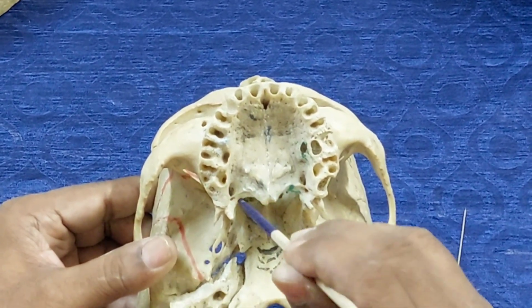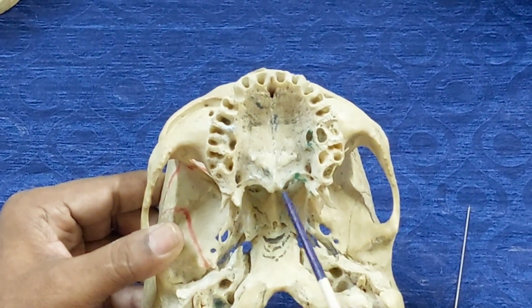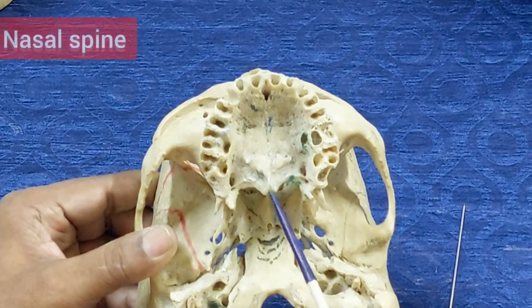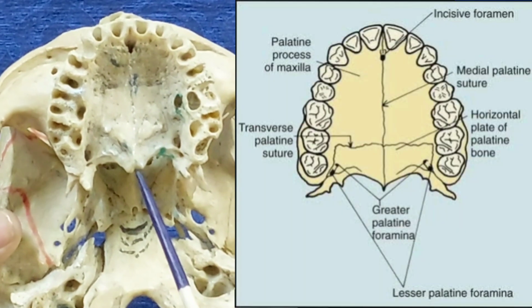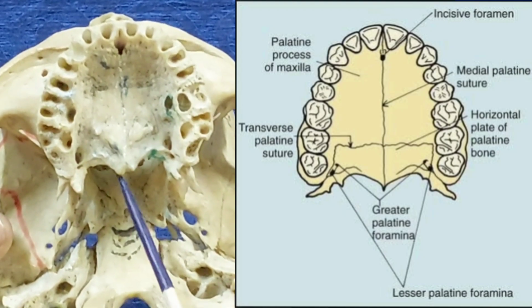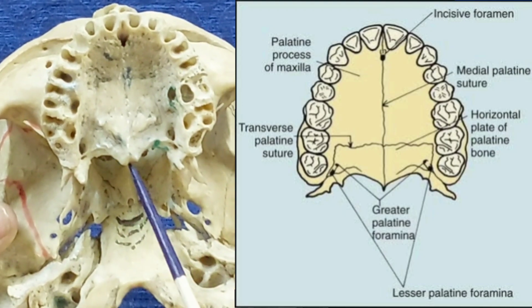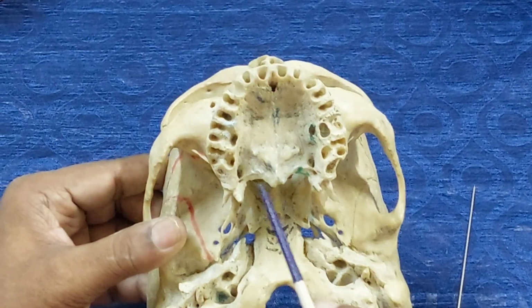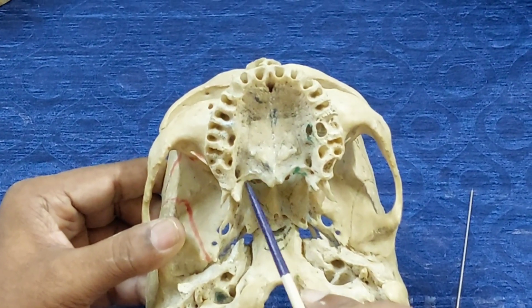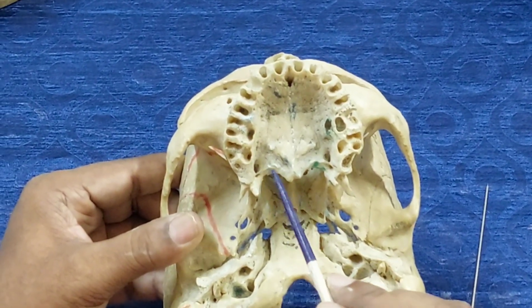And posteriorly, this hard palate ends in a crescentic margin. It is a free margin, and in the midline, this process is called nasal spine. So nasal spine is the midline elevation from the posterior border of the hard palate, and in front of this crescentic border there is a small ridge.